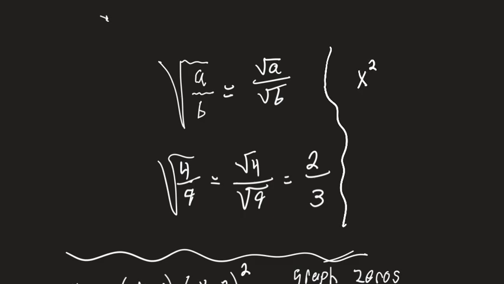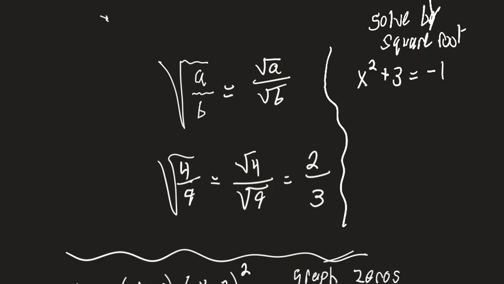When you have x squared plus 3 equals, let's say, -1, okay, something like that, and you're asked to solve by the square root method, you have to get the x squared alone, so subtract 3 from both sides.